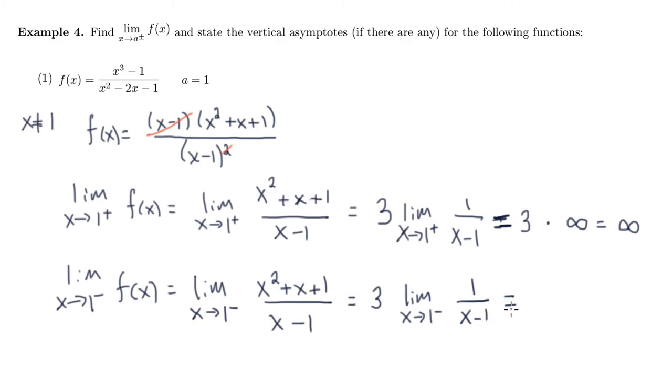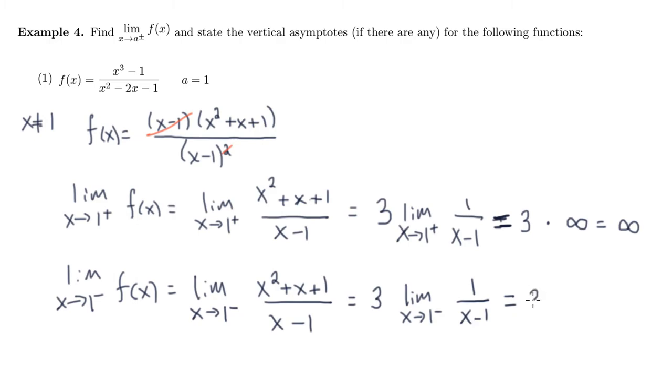But now it's very similar to this case, except now x is approaching 1 from the left, so x is less than 1. If I take a number less than 1 and subtract 1, I get a negative number. So this is going to be 1 over a small negative number, which is tending towards negative infinity.